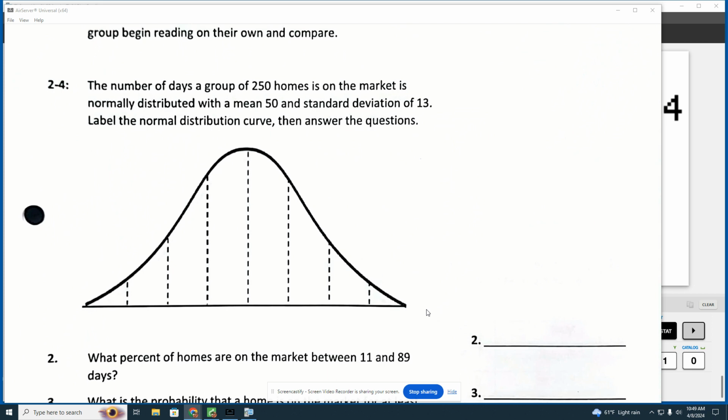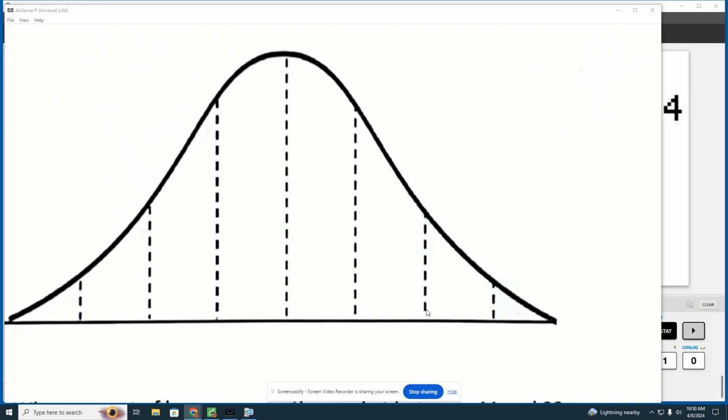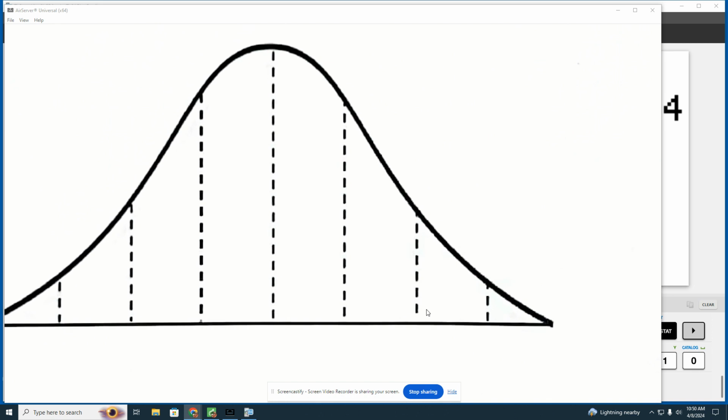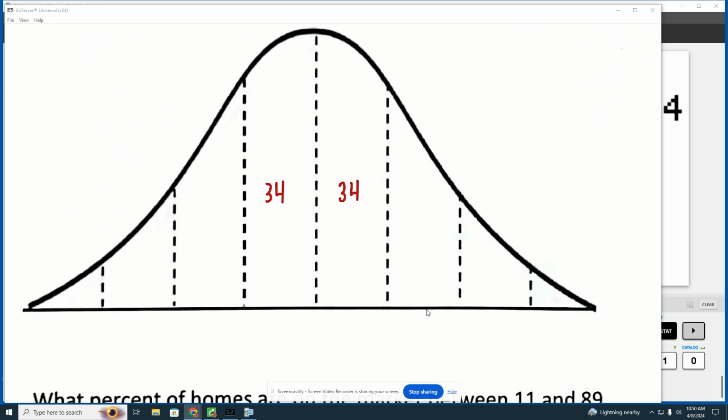So, with that being said, you don't have to memorize the numbers I'm about to tell you, but I think it makes it easier if you do. Here are those numbers. Those big categories right in the middle. Remember what those are? They're 34% each. Y'all remember what the next little slivers are?